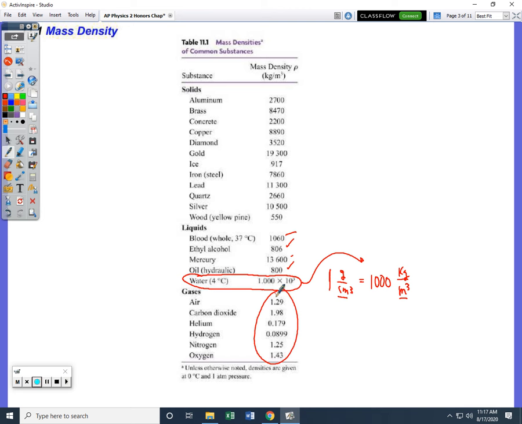That's why everything is going to float above the water when you're dealing with that, whereas your solids tend to be more dense than water. There are a few things that are not. For example, ice floats in water because it's less dense, and wood is also less dense. But just keep in mind that our numbers are going to be so much larger than you are used to dealing with.